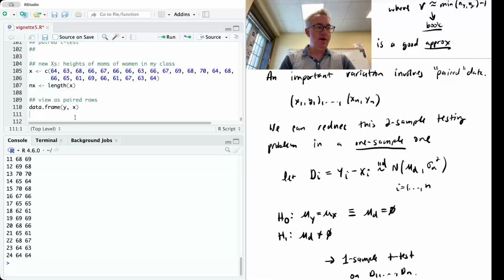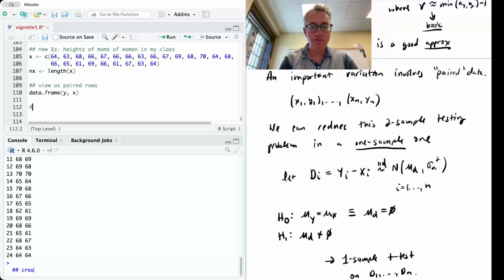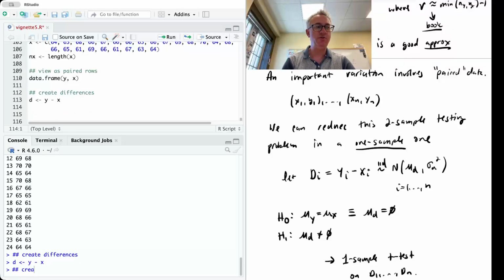Okay, now I'm going to create the differences. These d's are going to be y minus x. So it's like I have a totally new data set of differences.